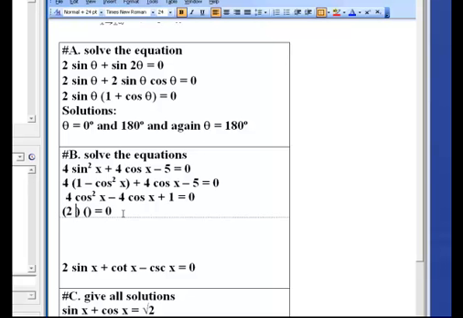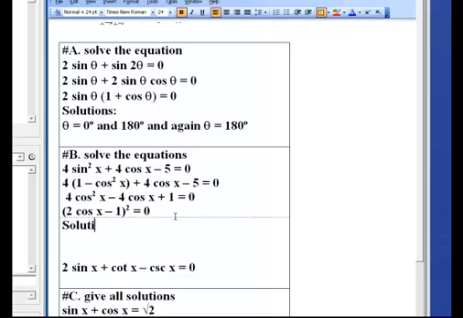Looks like 2 cosine x minus 1, and then the other parentheses actually looks the same, so it's going to be a perfect square trinomial. And I don't have to write that second parentheses, but instead I put a square in there.